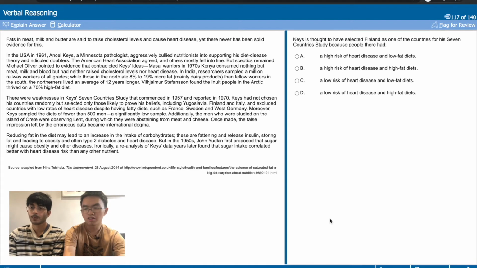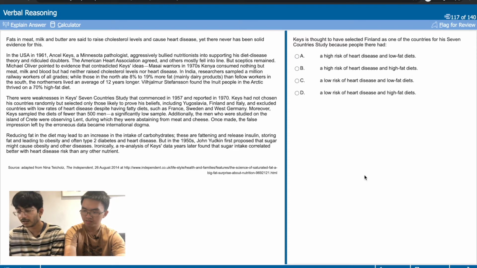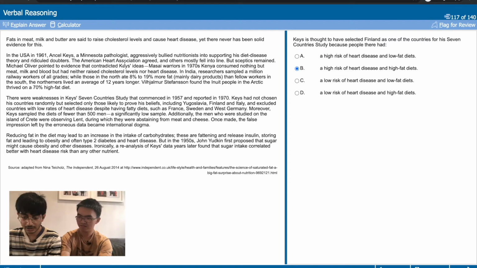After you've done that, you can answer this particular question, which is a keywords question. If I actually read the question, it says Keyes is thought to have selected Finland as one of the countries for his 7-country study because people there had, and then there are some words on heart disease and diet.